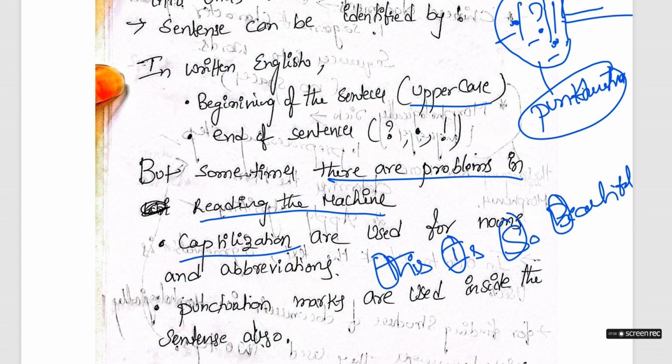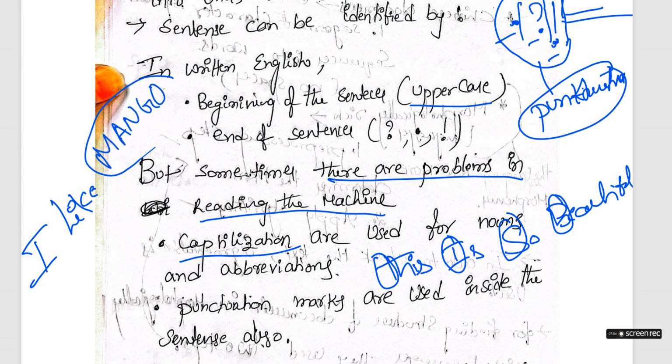Also, some people write nouns and abbreviations starting with capitalization, or use completely capital letters. Like "I like Mango", where mango is a noun. When I write like this, the system will also get confused. Another problem is punctuation marks.